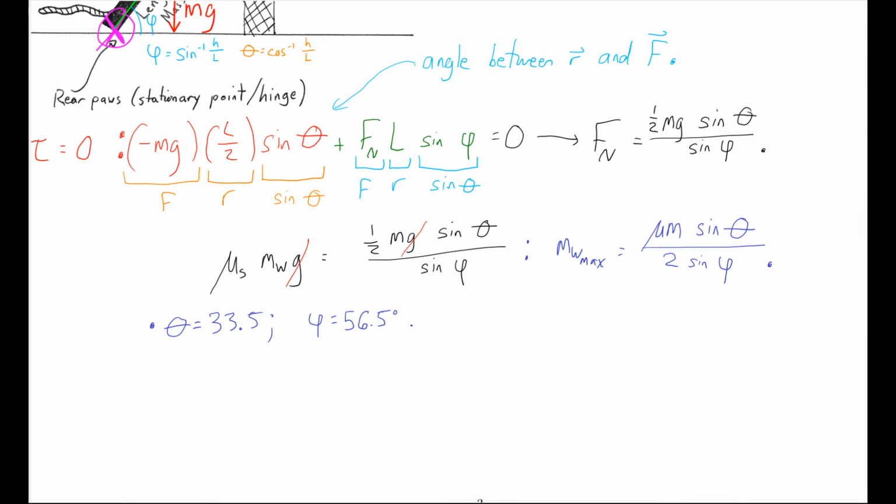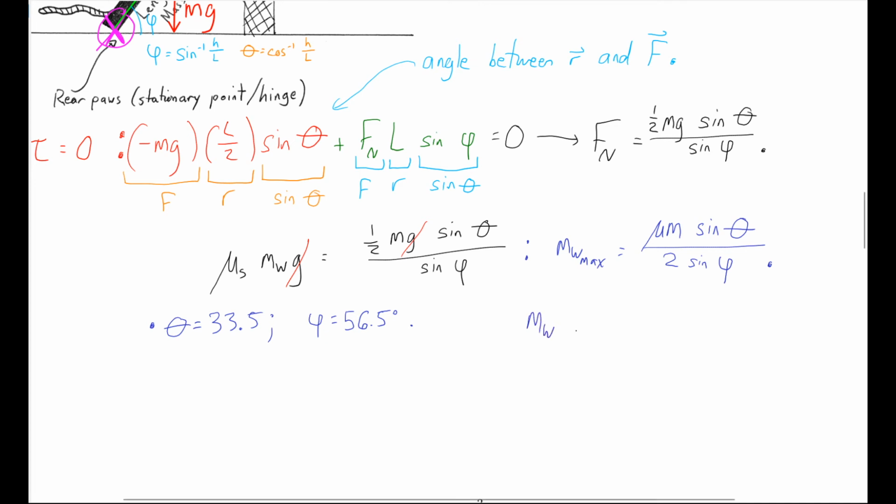So finally, putting all of these values in to calculate the maximum mass of the water, I have 1/2 times 10 kilograms times the sine of theta, which is 33.5 degrees, divided by 2 times the sine of 56.5 degrees. I'm getting something that I don't think is right.